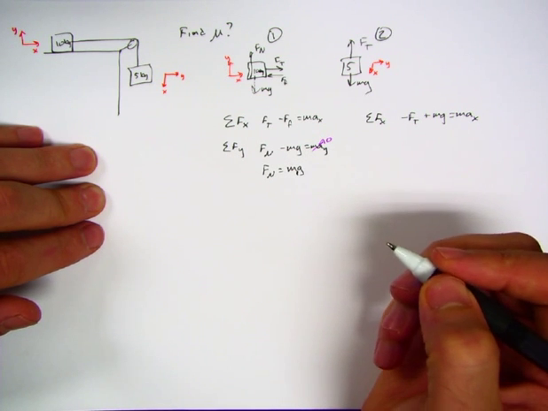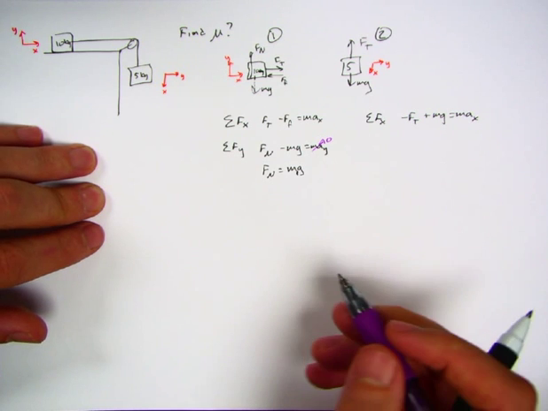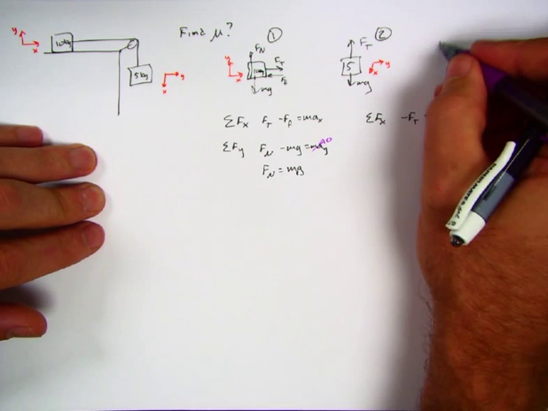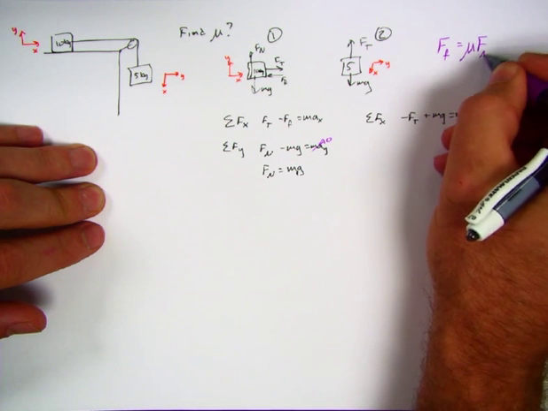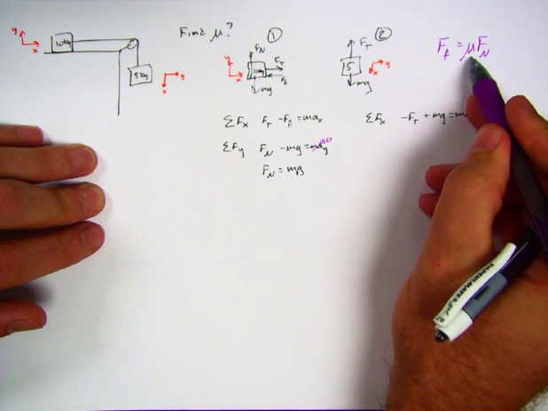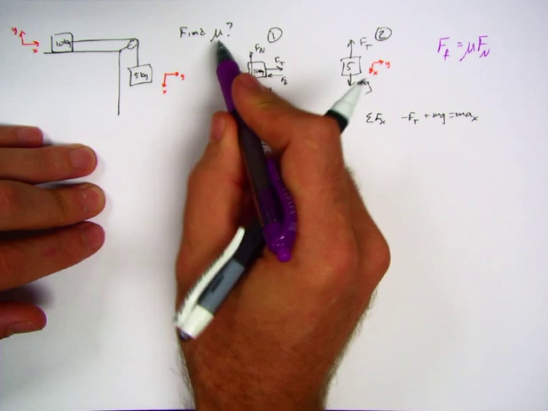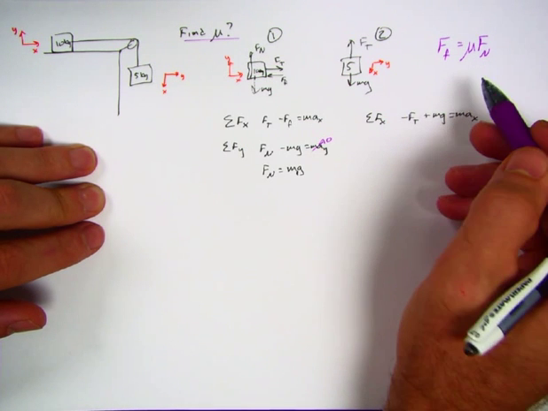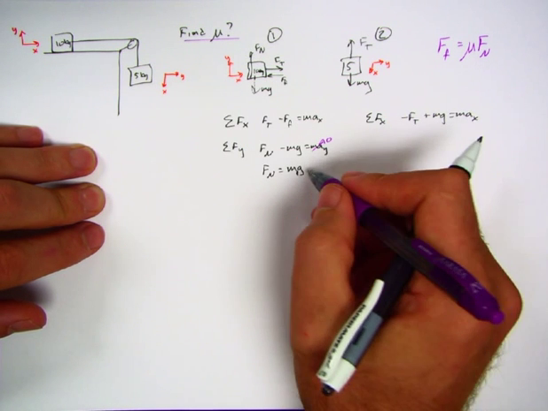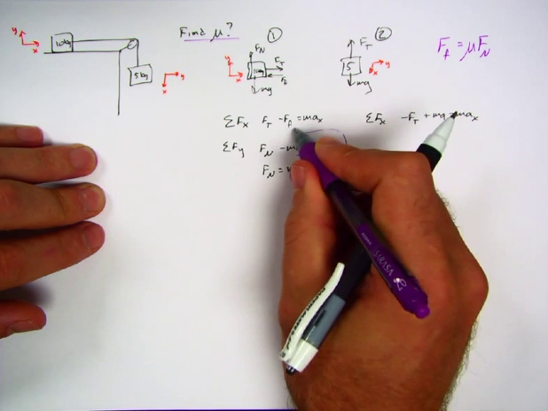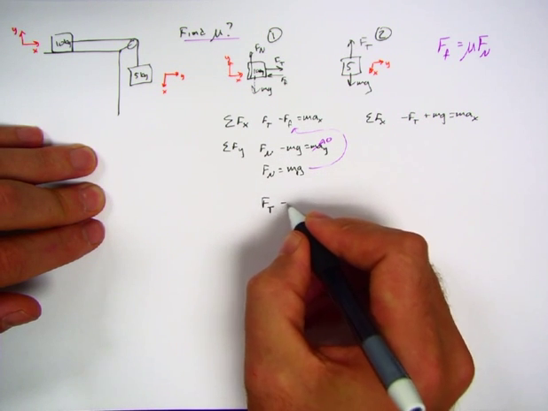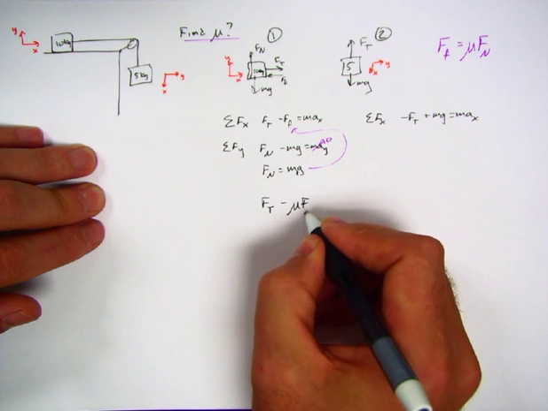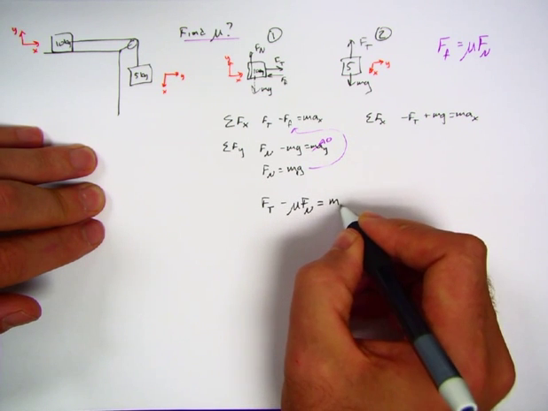Okay? So what that allows me to do is I remember force of friction is mu F normal. I know I'm going to have to use this somewhere since I'm looking for mu. So let's make that substitution. We can say force of tension minus mu F normal equals m1a.